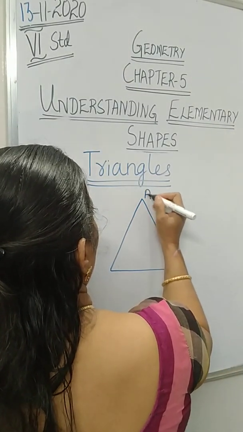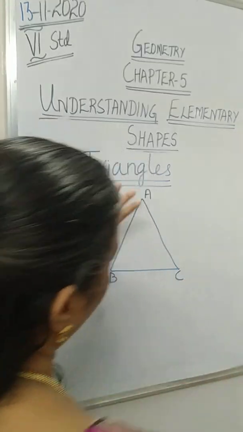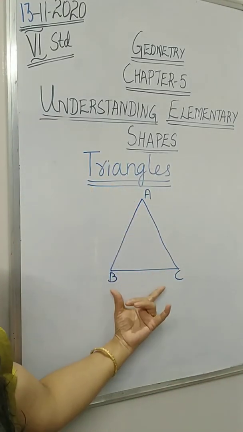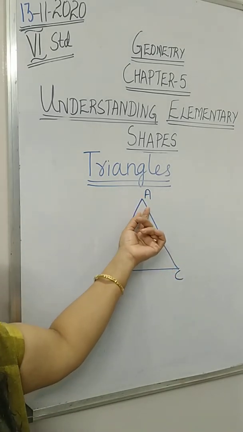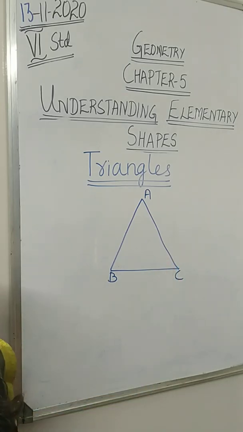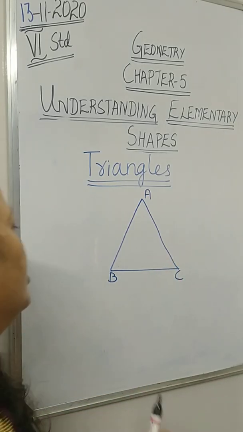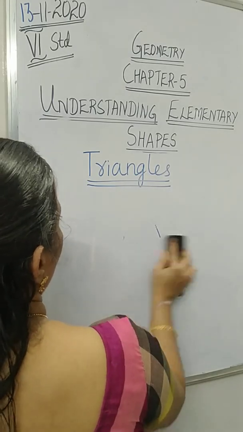Let me name it A, B and C. Here, AB is a line segment, BC is a line segment, CA is a line segment. And the angles formed here are angle A, angle B and angle C. Now we are going to learn about the types of triangles.